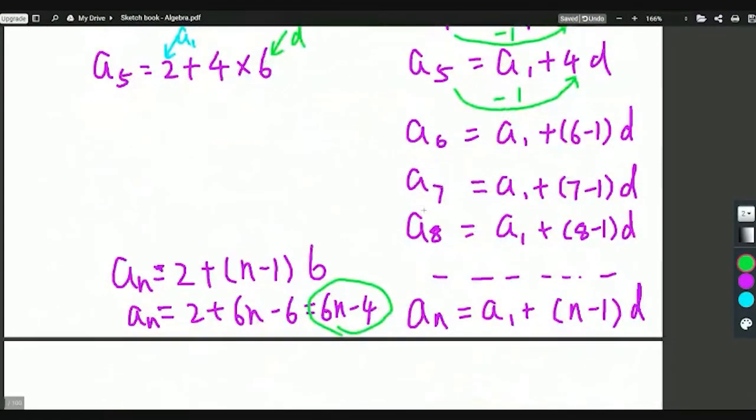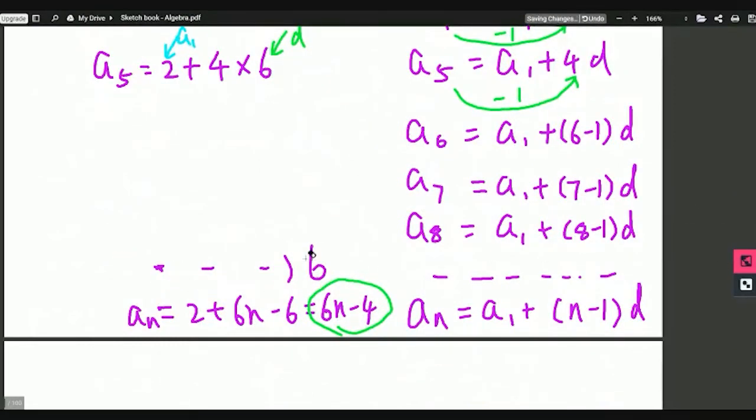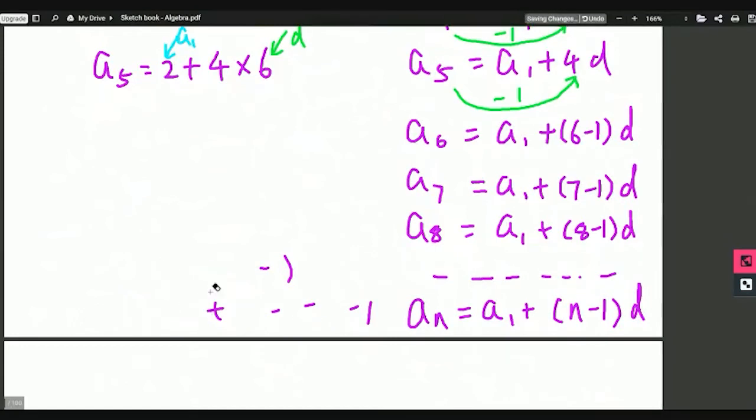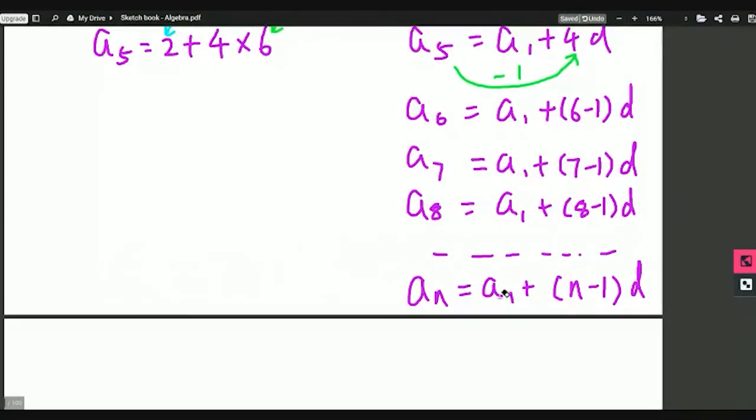But again, this part, I don't need you to actually remember. What I'm asking you to learn and remember today is this. How did we get this?